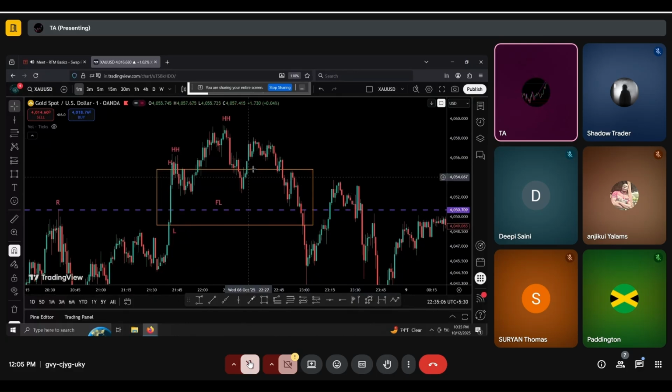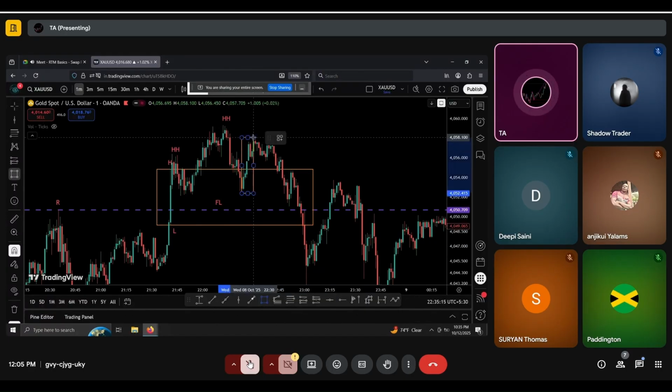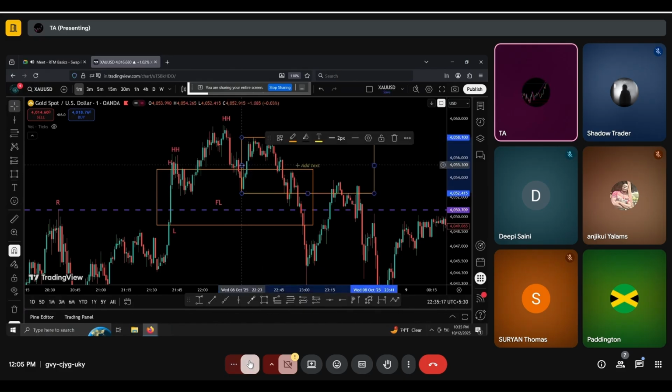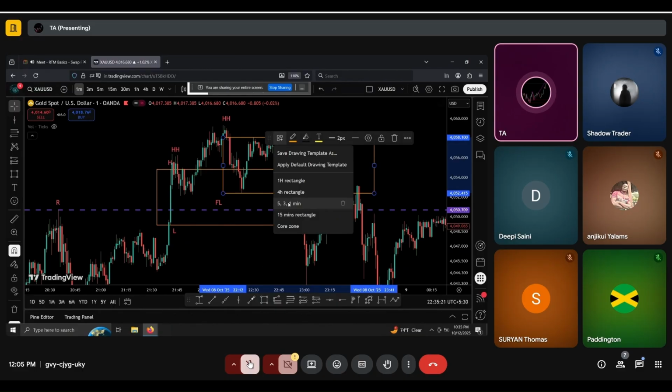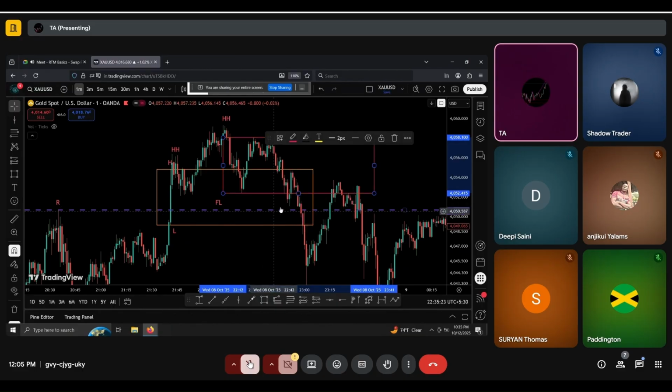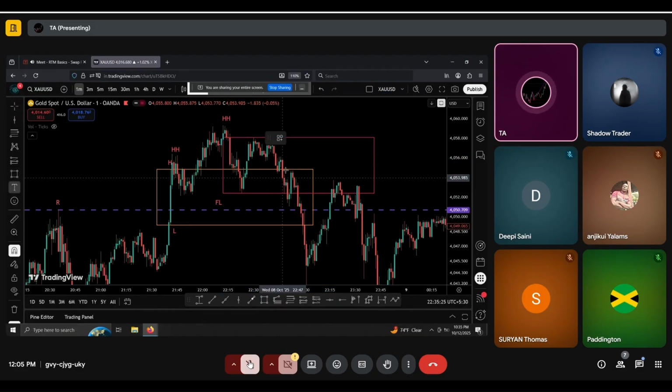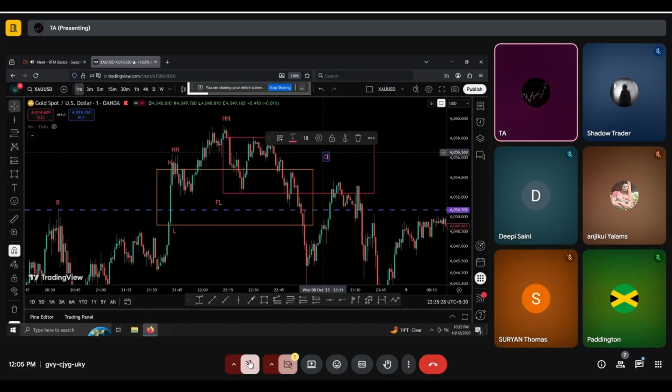Price goes up but did not cross this higher high to the upside and fell down from here. From here to here, what will we call this? Okay, this is the DP. We call this DP.